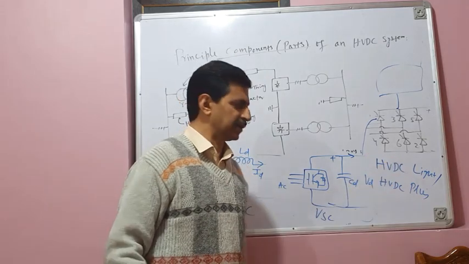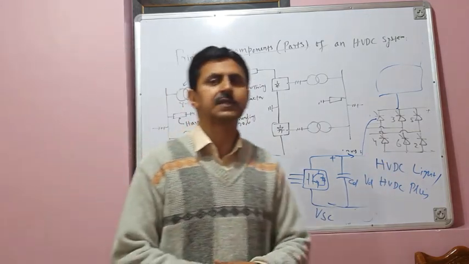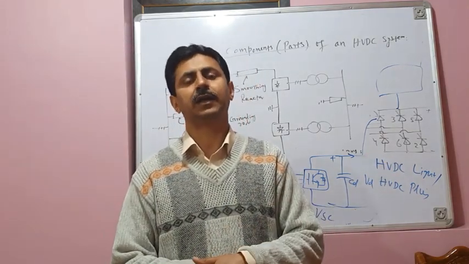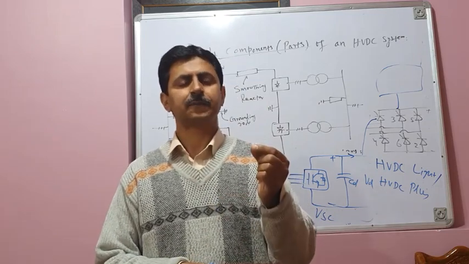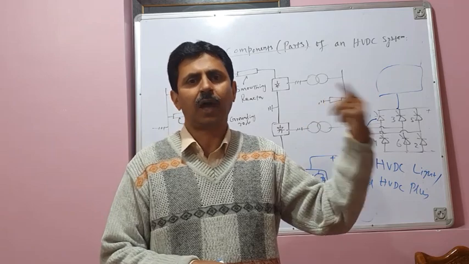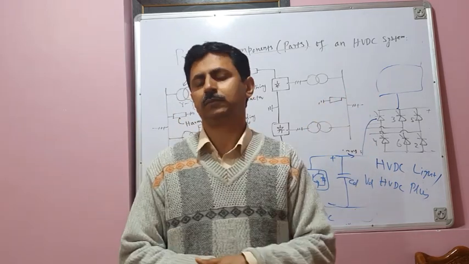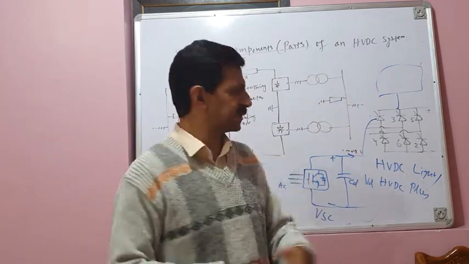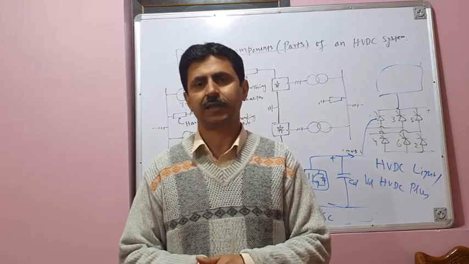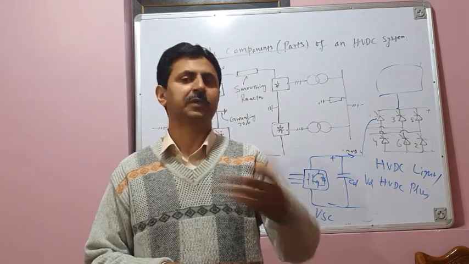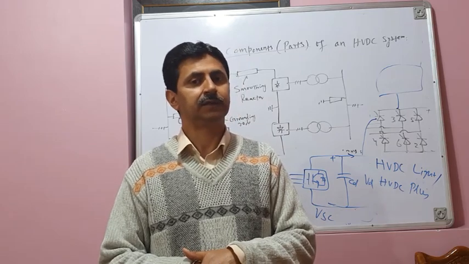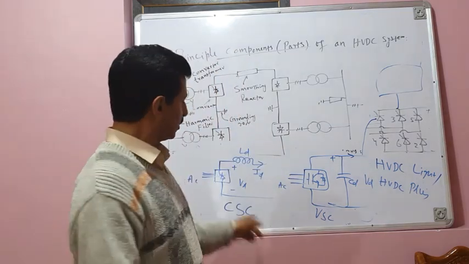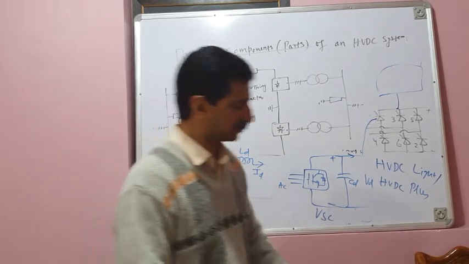We'll come to that later on, but since the majority of HVDC systems are classical HVDC systems, I will just discuss modern HVDC, HVDC PLUS or HVDC Light, probably in the last lecture, and most of the discussions and lectures will be on the classical HVDC systems using current source converters.